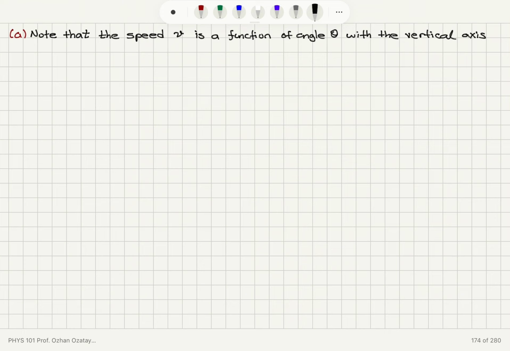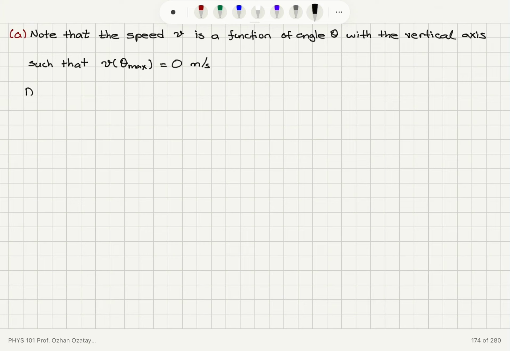And how does that behave? At the maximum possible angle, theta maximum, the speed will be 0 meters per second. All of the kinetic energy will be lost.